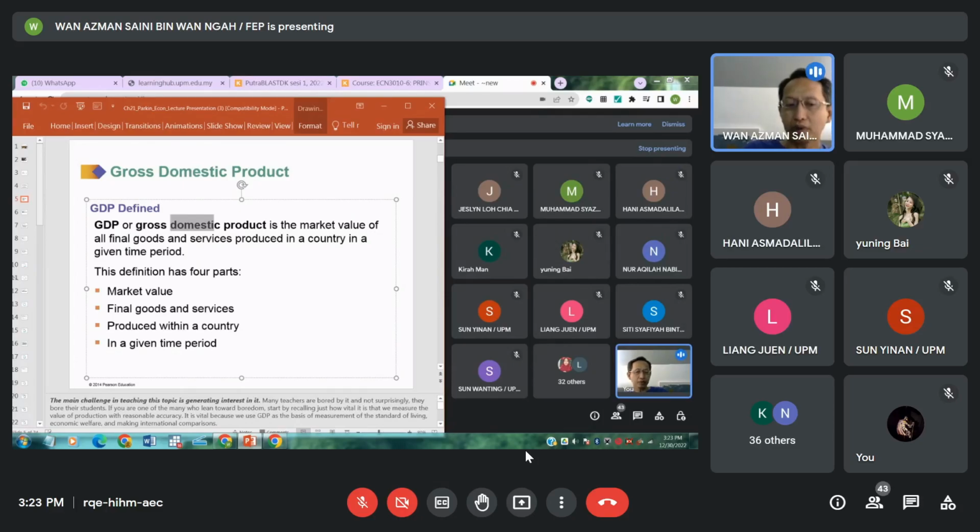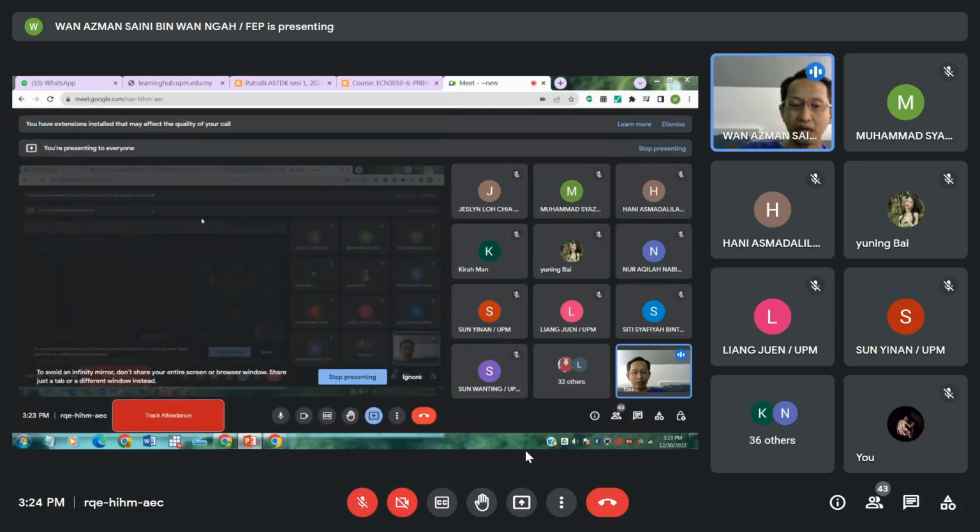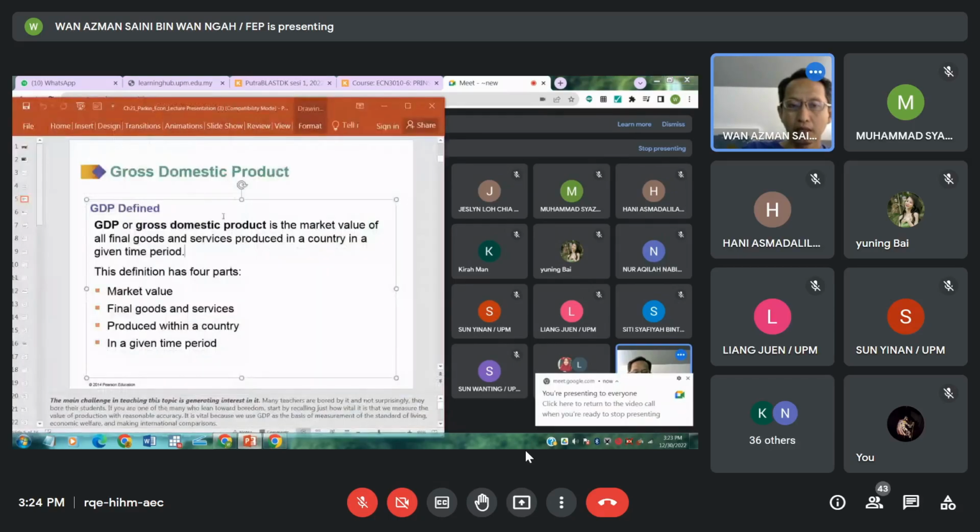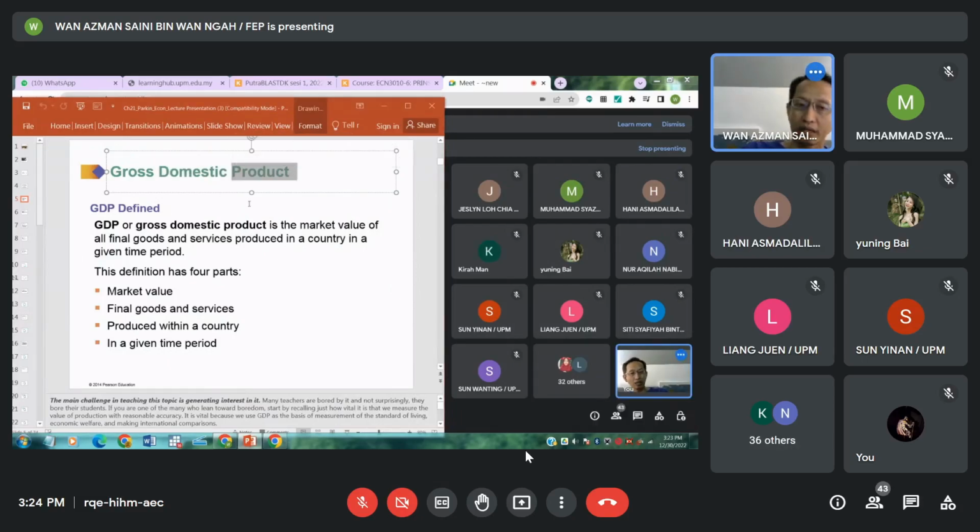Then produce, because the keywords here are gross domestic product. Domestic, and product means production. So this is not when they were sold, but when they were produced, because the keyword is product.